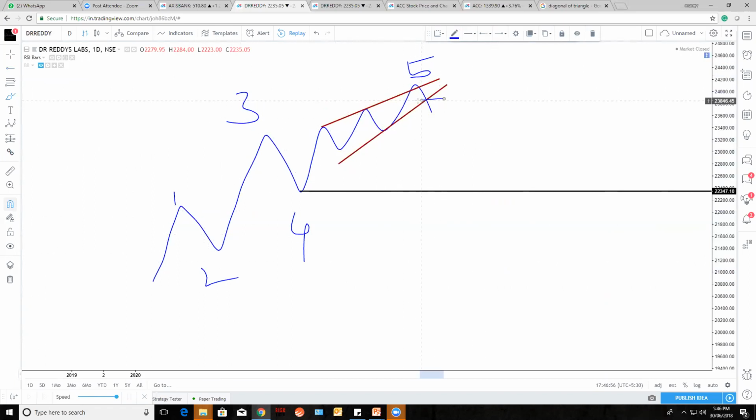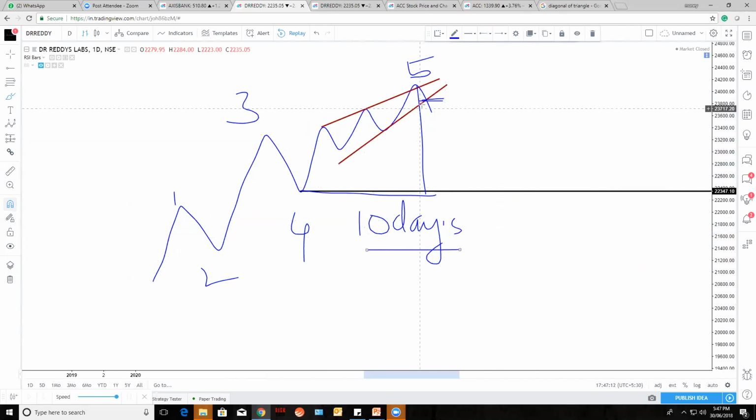Okay. Once it breaks the low, the time it took, for example, let's say from this to this high, it took 10 days to form. Let's take it as 10 days to form, and it will fall up to the level of the fourth low. Means this is here 1, 2, 3, 4, and 5.